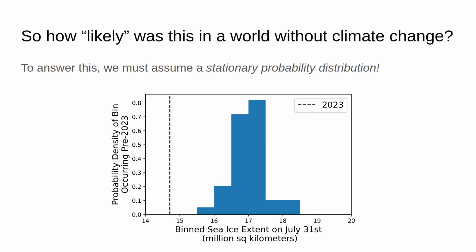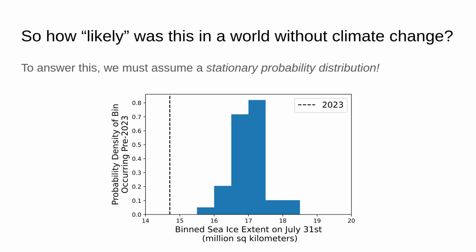So you can see that it's most likely, based on historical data, to be between 17 and 17.5 million square kilometers. And there is a possibility that it is slightly less likely that it's between 16.5 and 17. And then it's significantly less likely again that it's going to be between 16 and 16.5 million square kilometers.